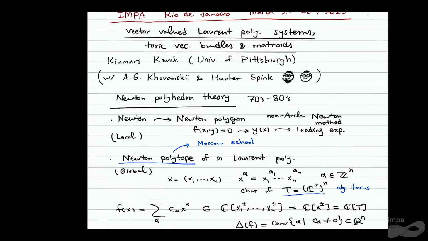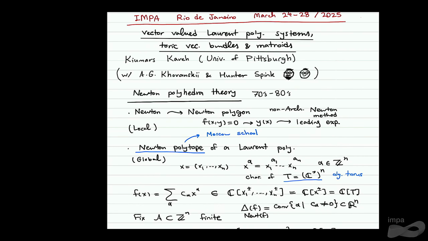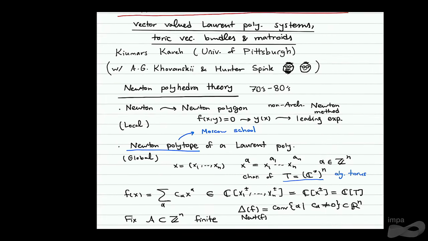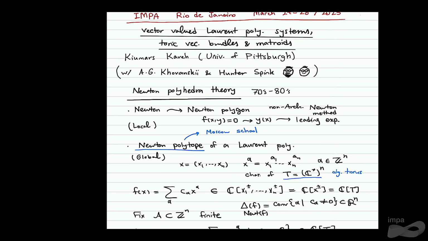So Newton polyhedra, maybe a quick recap or review of the Newton polyhedra theory. So the name Newton refers to the notion of Newton polygon that Newton introduced in a letter to some guy, and it's basically Newton introducing a non-Archimedean version of Newton's method, which we learn in calculus, and then the Newton polygon is related to that.